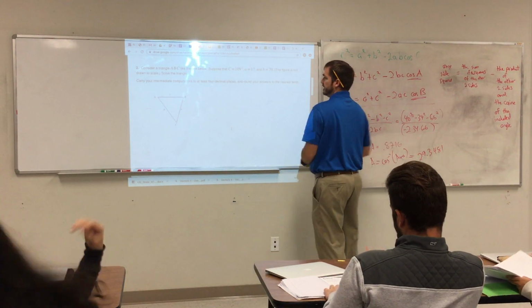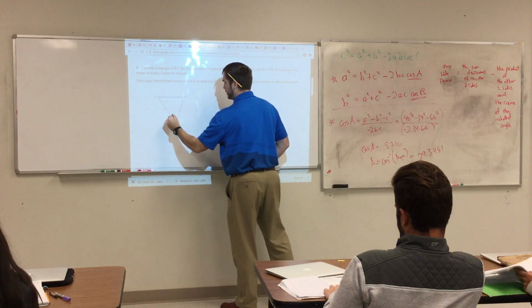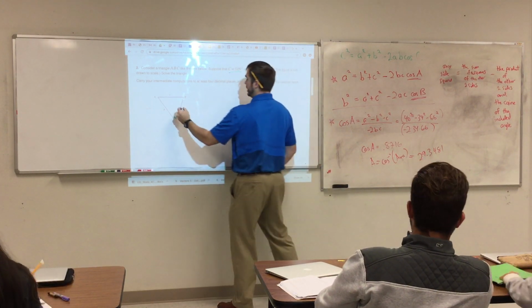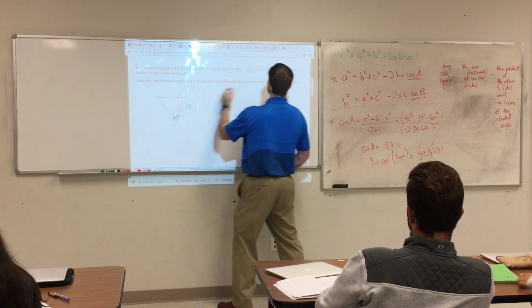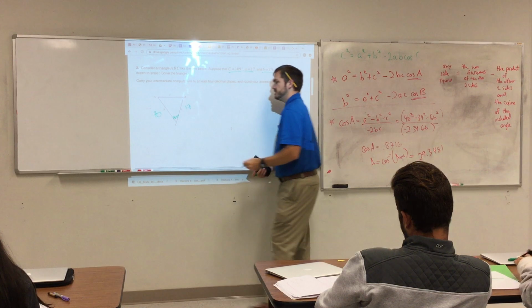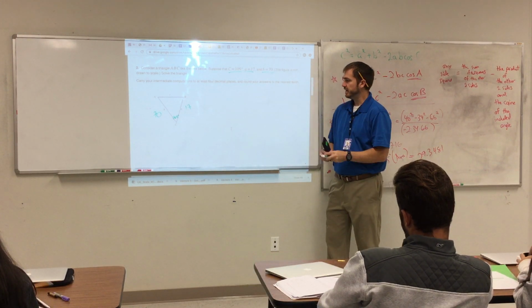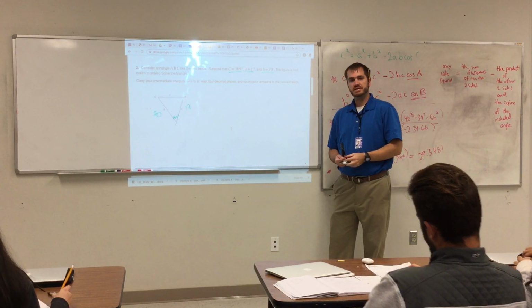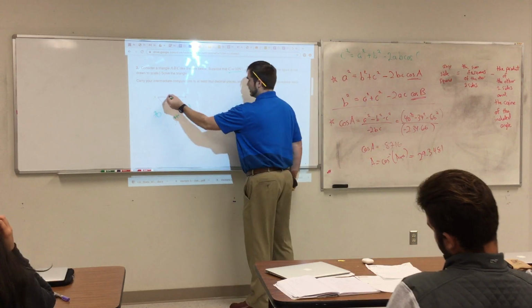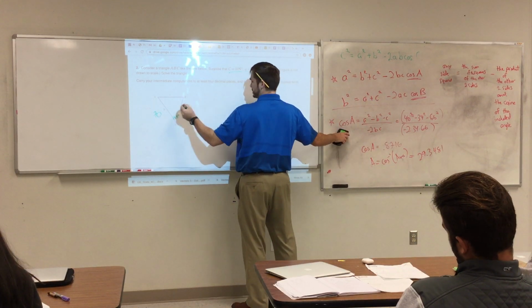Here we go. Angle C, 109 degrees. Little a, 17. Little b is 70. We got this. Okay? How are we going to find little c? Law of cosine.